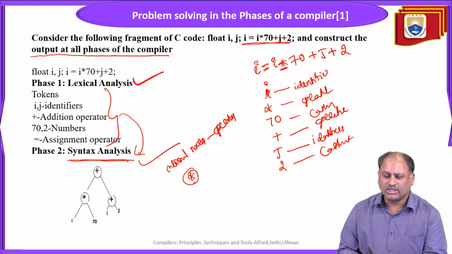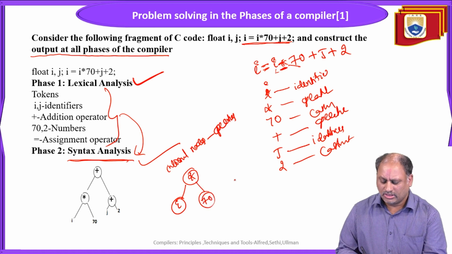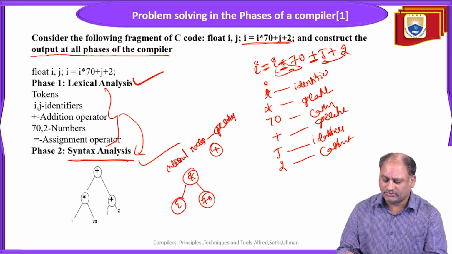So here star is an operator. Since star is an operator, what is the left? It is an identifier, so we write i. And what is the right? 70, so we write the right child of this star as 70. Now plus is one more operator. What is available on the left and the right of this plus operator?